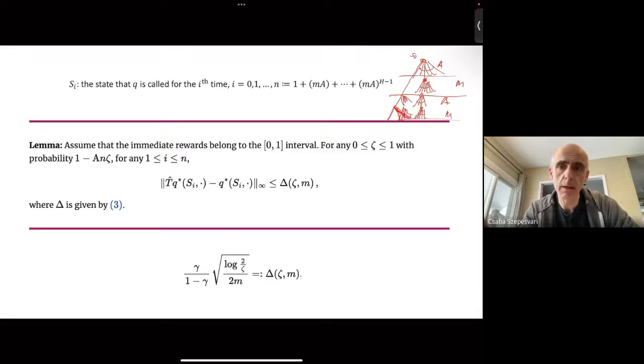Altogether, the branching factor of these two things is M times A. So the total number of nodes is like this, because at the first level, there is only one state. The next level has M times A states, and so on, up to the very end, where there are (M times A) to the power of H minus 1 states.